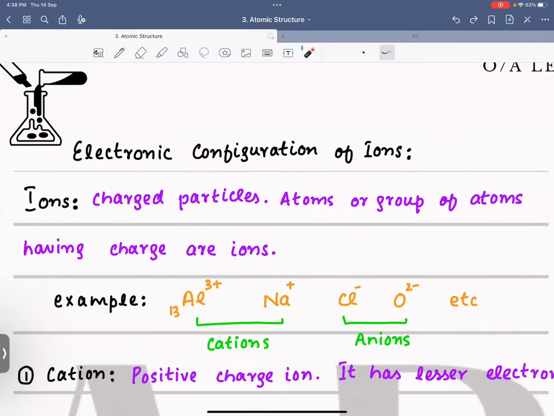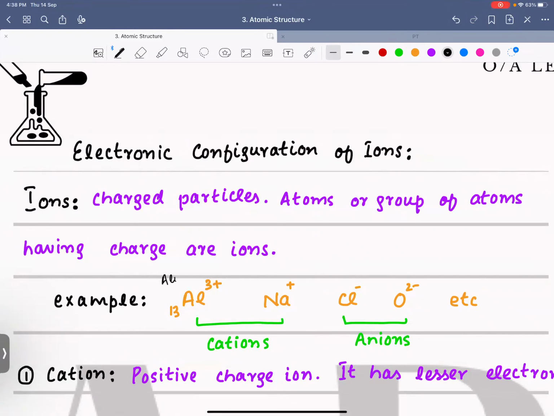One more thing. If it's an aluminium ion, it has a 3 positive charge. So what am I going to call it? Let me write over here its name.